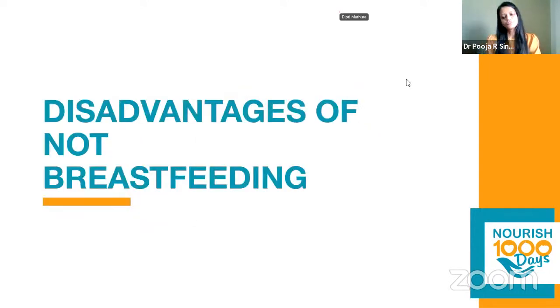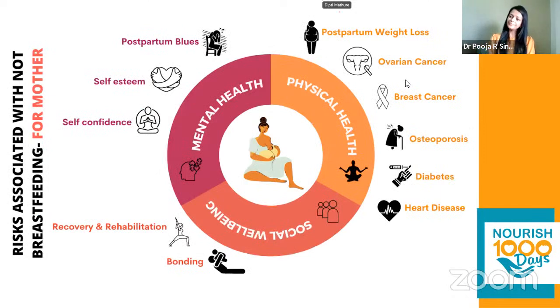Now again we want to reinforce that if we think that breastfeeding may not be continued after 6 months, what is the disadvantage of not doing it? Firstly, we can look at what is the protection to the mother by continuing breastfeeding.